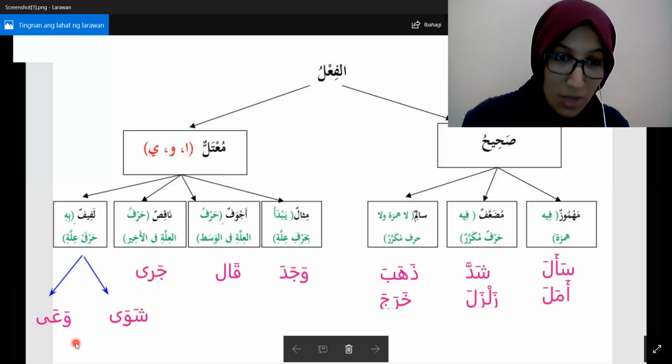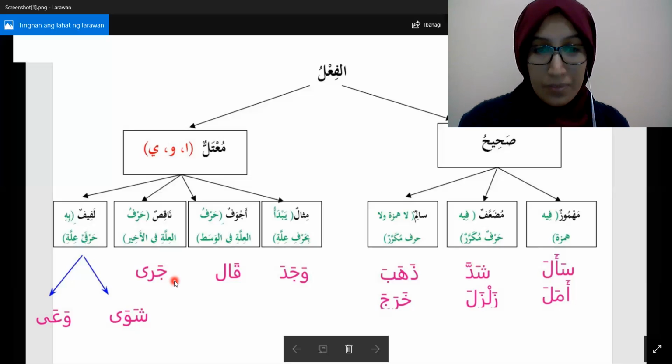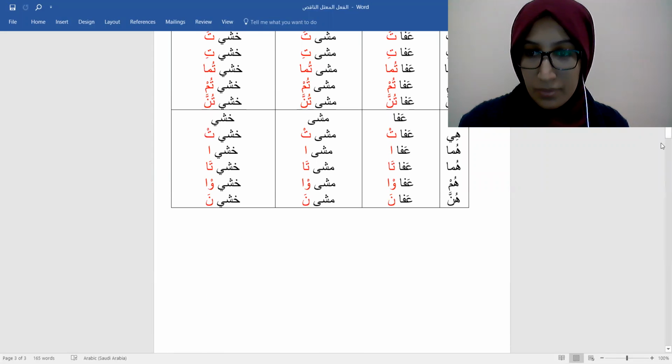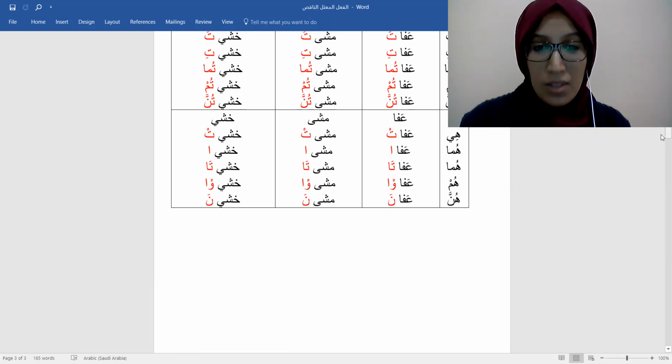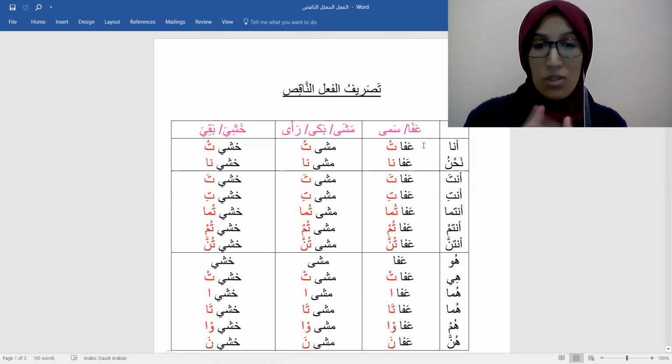Your question is about this verb, ناقص, and we'll see how to conjugate this verb ناقص. Okay, here I have my file. I have تصريف الفعل الناقص. I took 3 examples because I have 3 situations.